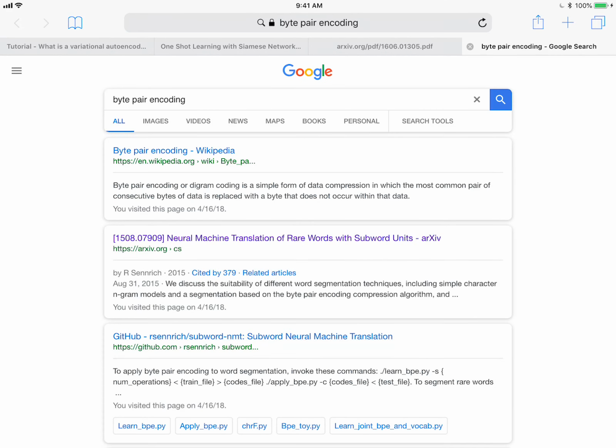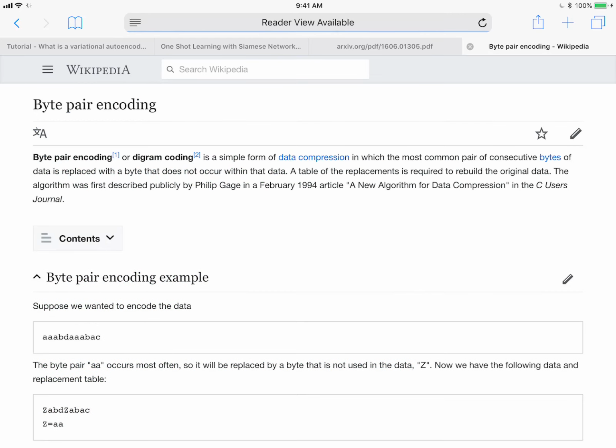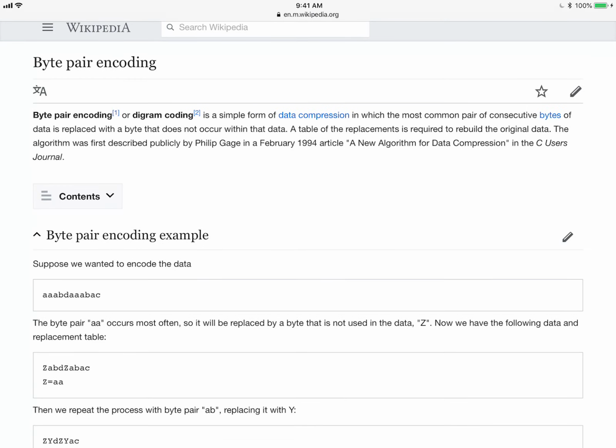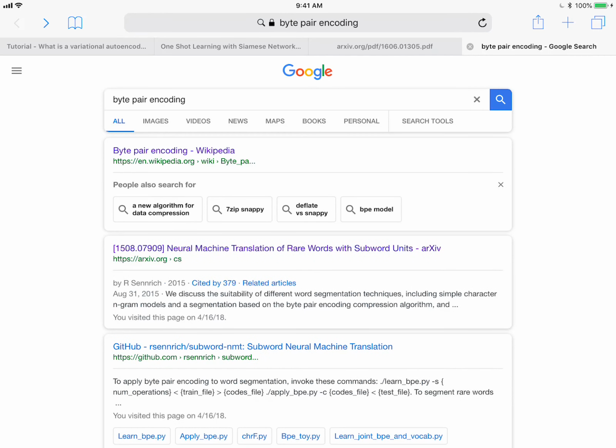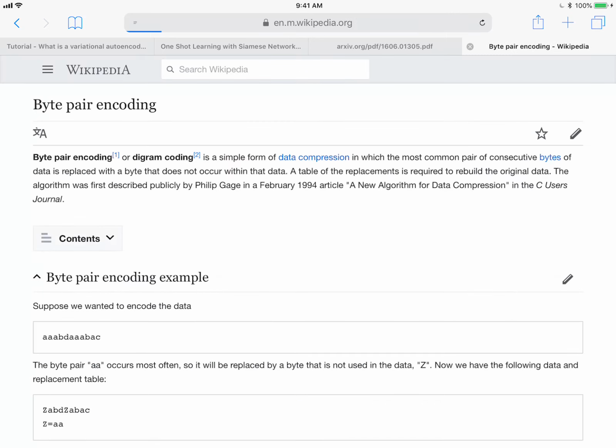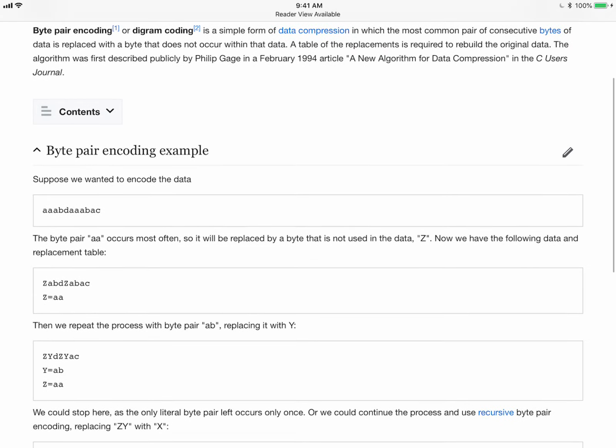It's mainly used for subword encoding, or registering these subword-level or character-level n-grams into our dictionary. Byte pair encoding is quite a widely used technique in NLP, and it came up with this Wikipedia article as the first result.